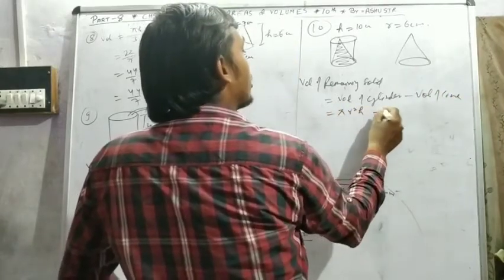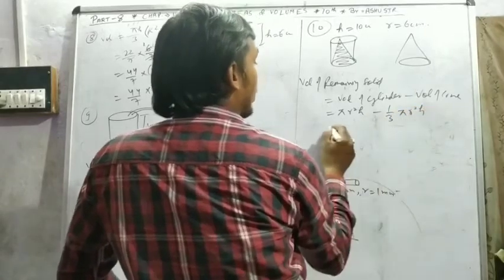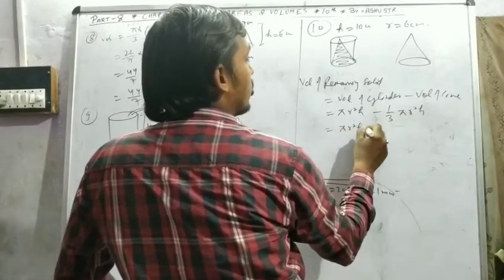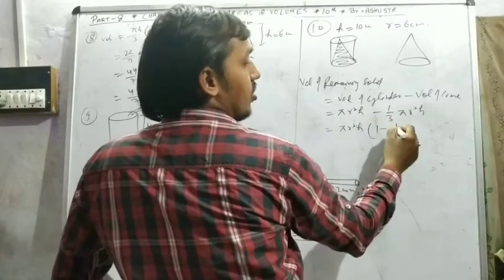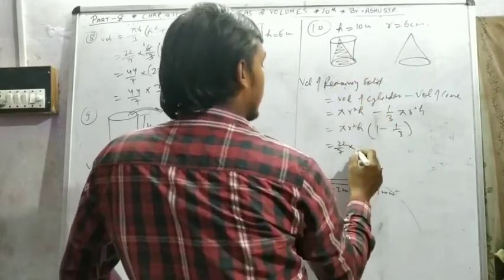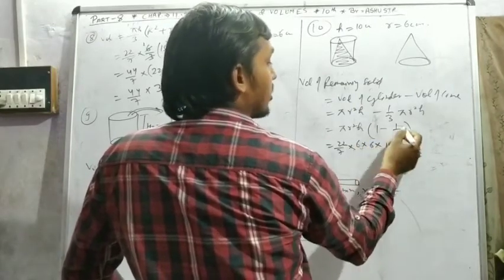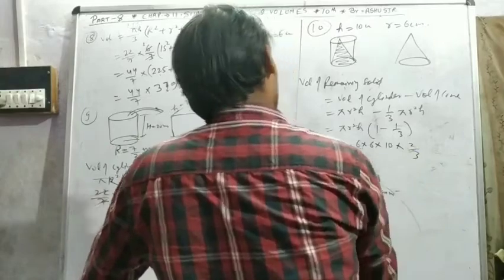Pi r square h minus 1 by 3 pi r square h, whole pi r square h common. Here 1 remains, 1 by 3 remains, 22 by 7, radius 6, height 10, 3 minus 1, 2 by 3. Solve it.